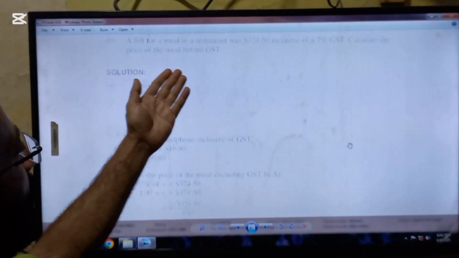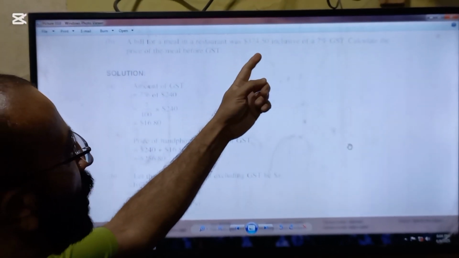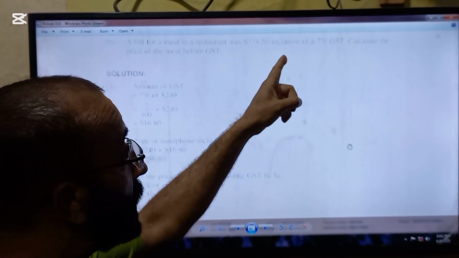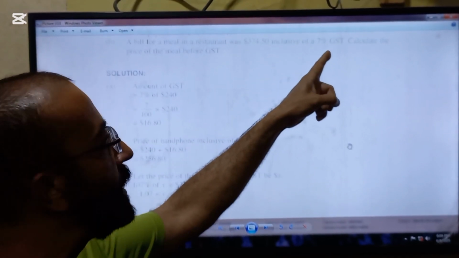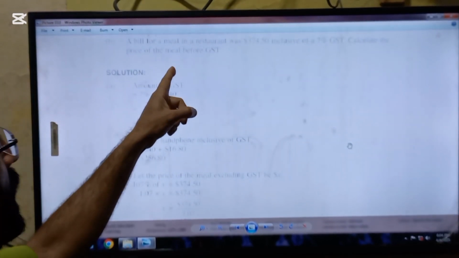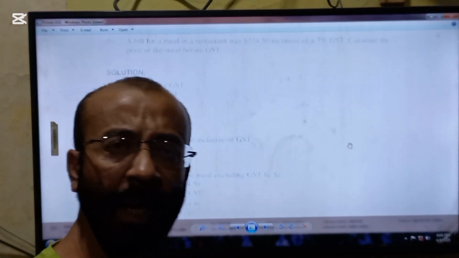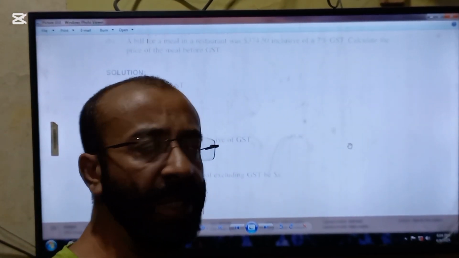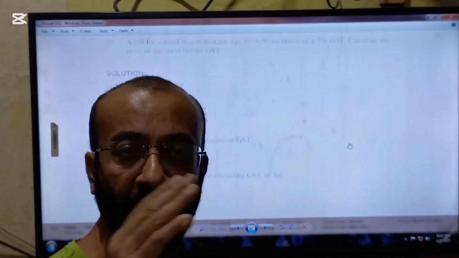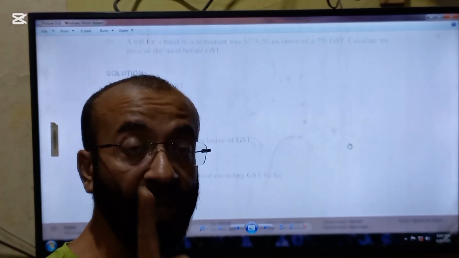The B part is somewhat different. A bill for a meal in a restaurant was $374.50 inclusive of 7% GST. Calculate the price of the meal before GST. Let the price before the GST applied be X. So it means we have to pay 107% because 7% GST will be applied.